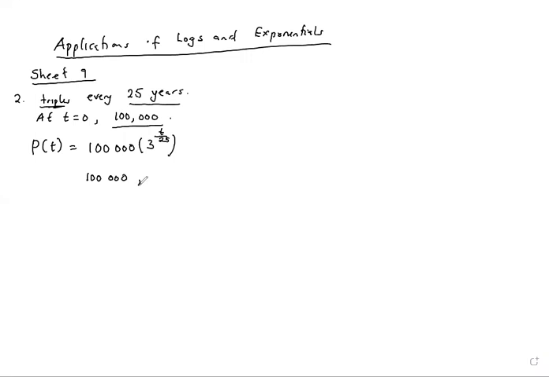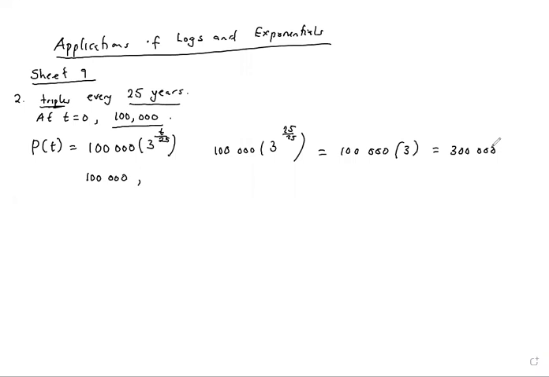Then after 25 years, it must triple. So we'll have 100,000 times 3 to the power 25 over 25, which is 1. So we get 100,000 multiplied by 3 to the power 1, which is 300,000. So it has tripled.